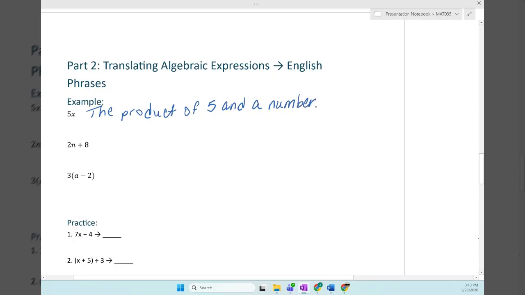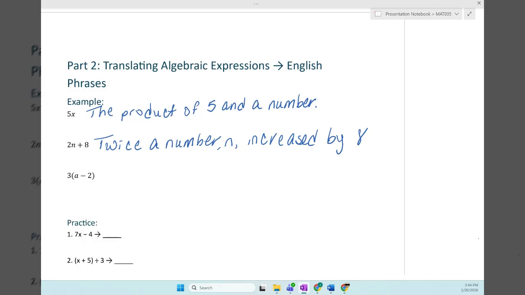How about the next one? 2n plus 8. What would be an English phrase for that? Well, this one, we could say twice a number n increased by 8. There are many other ways that we can say these. These are just ways that I'm coming up with in my own head.